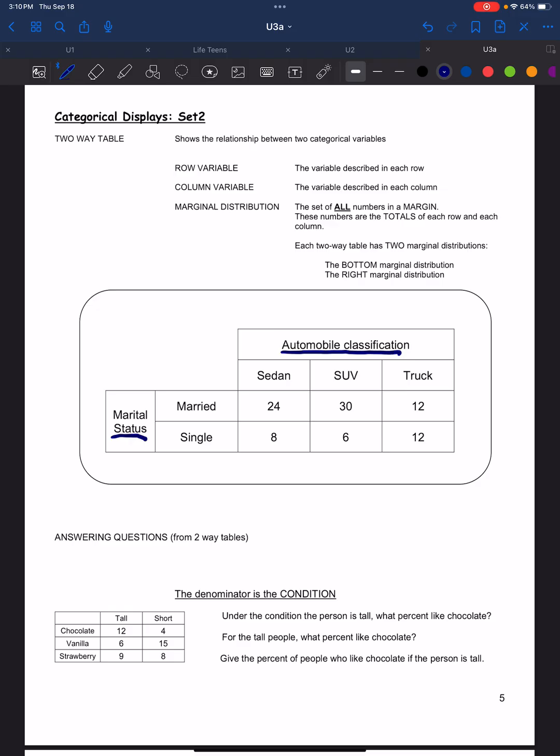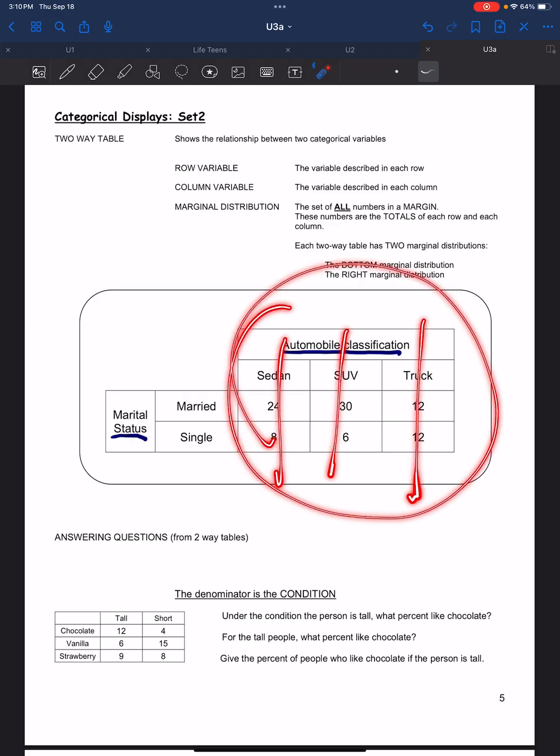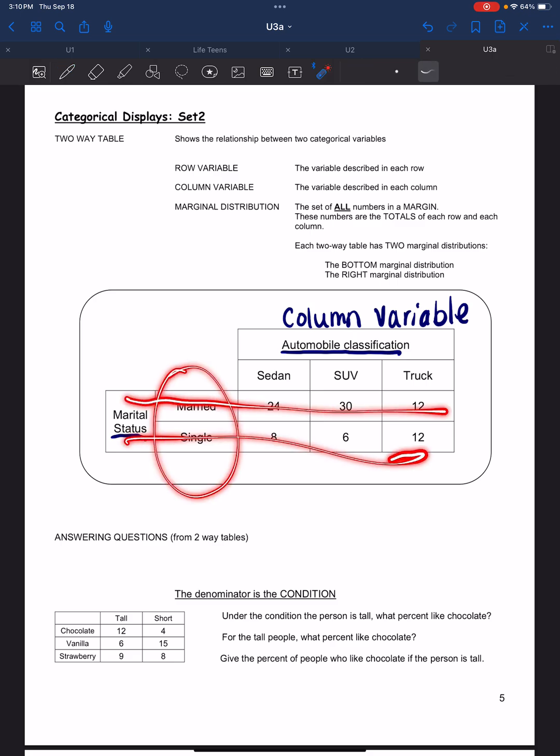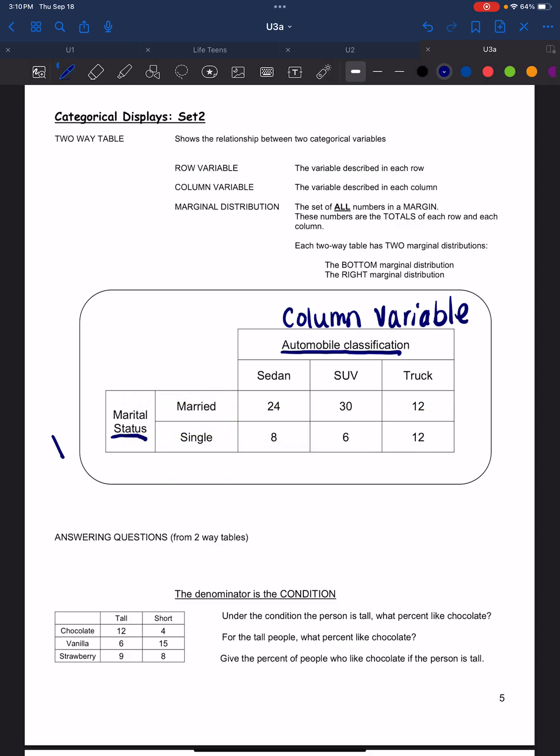This one over here goes with the columns, so this would be considered our column variable. And the one that is rolling over on this side goes with the rows. That would be our row variable. It doesn't really matter which way it's organized.